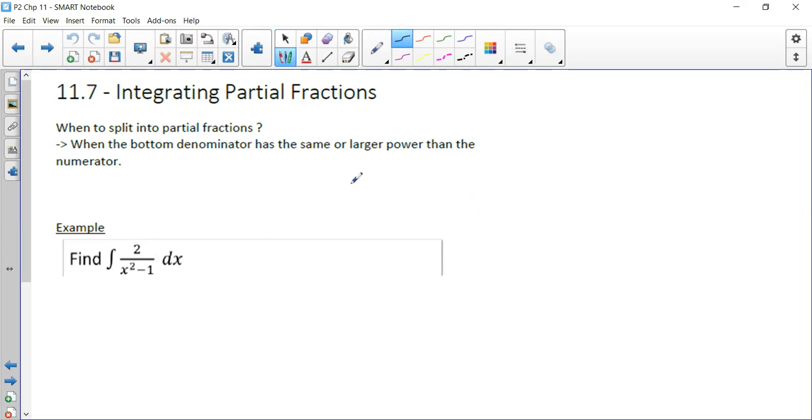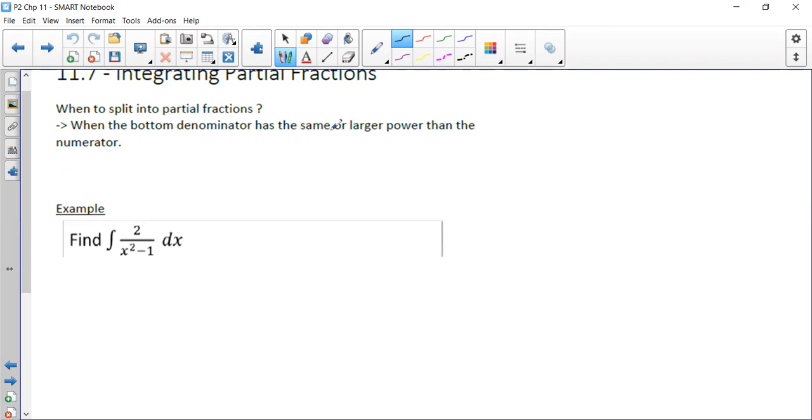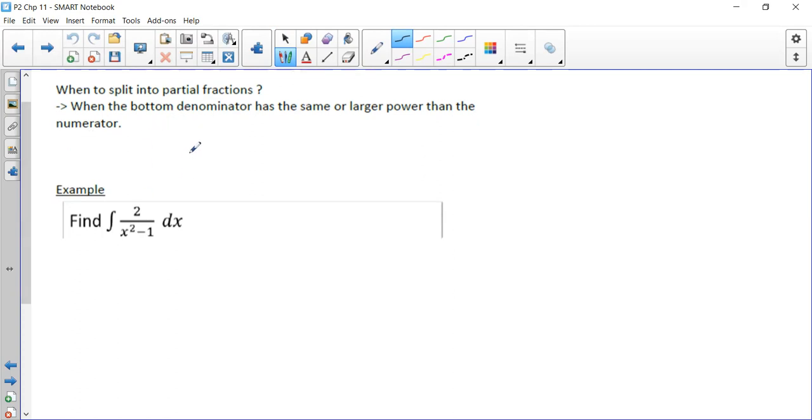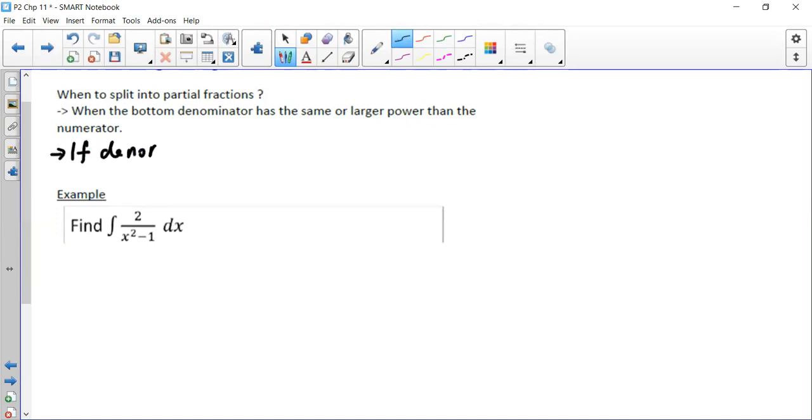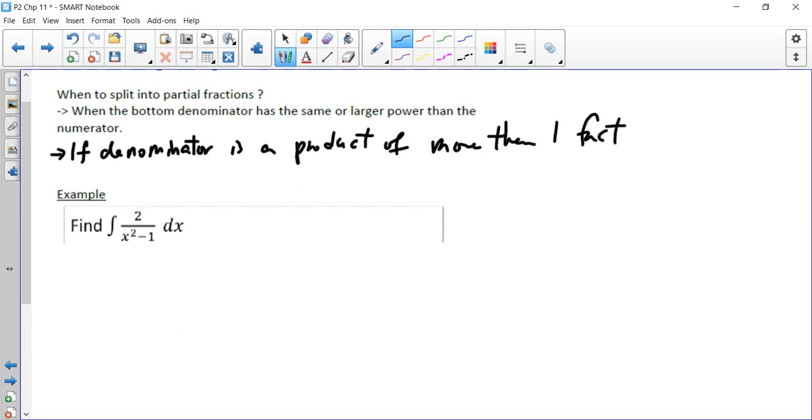So when the denominator has the same or larger power than the numerator, then we know we have to split into partial fractions. Or more importantly, if the denominator is a product of more than one factor.